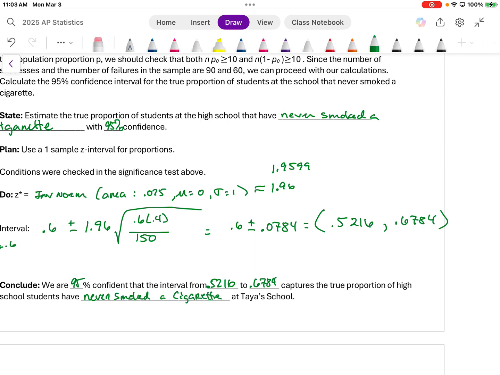That's why I tied in Taya School earlier, because that only applies to her school, since that's where the sample came from. We can't make an inference about all high school students in the United States because our sample was just from that one school. We'd have to get a random sample from the whole United States to be able to infer about the whole United States.